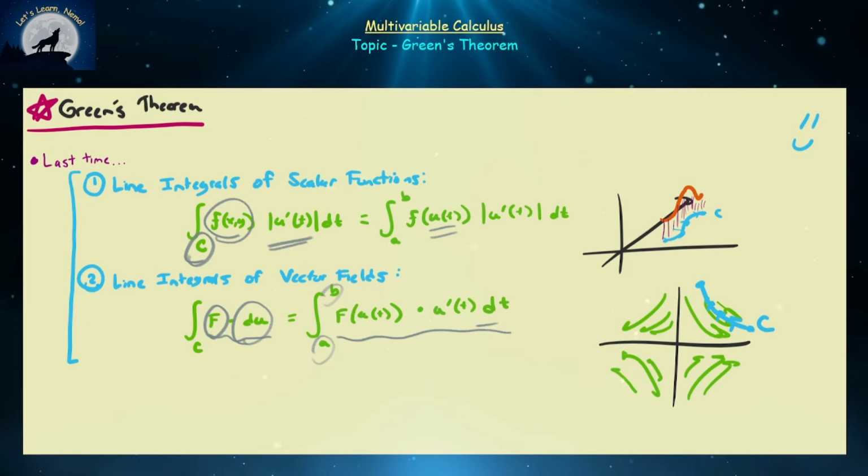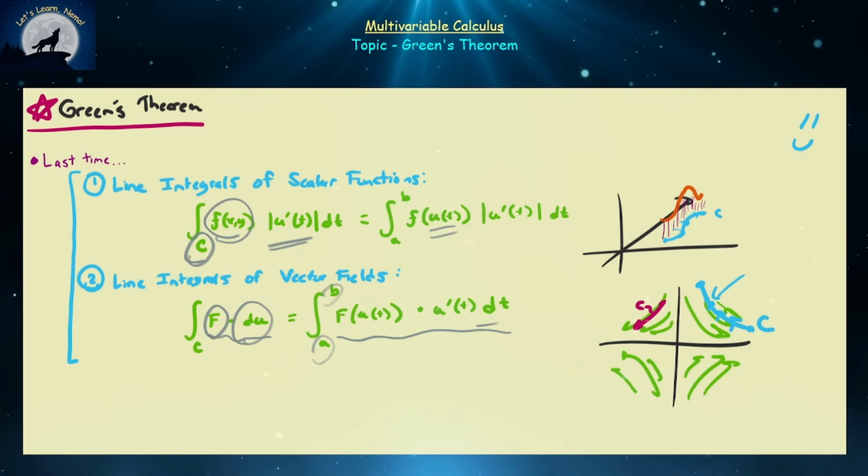All right, let's assume that's C. So what this measures is, in some sense, the work done by a particular force that is going with or against it. So if you calculate the line integral over this particular path for this vector field, you're going to get a negative number because you're going against the flow of the path. And if we were to calculate the line integral of this vector field, say along this particular path, say C2, that's going to give you a positive number.